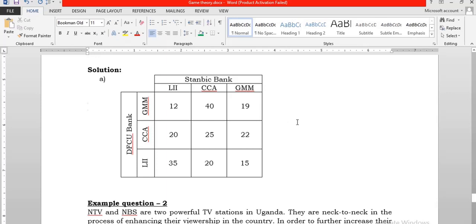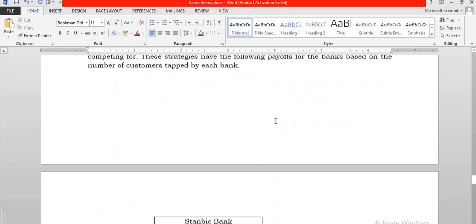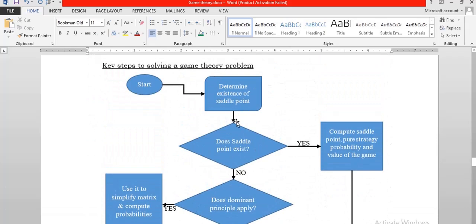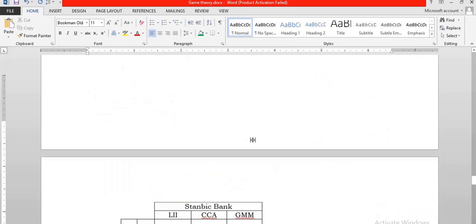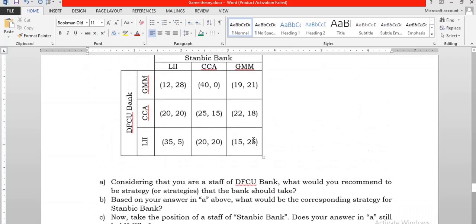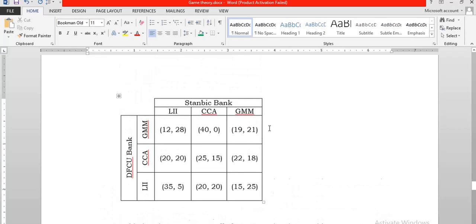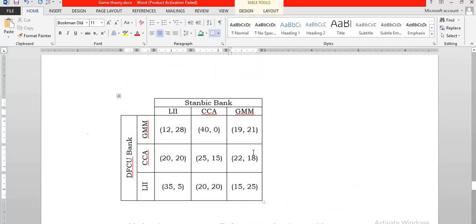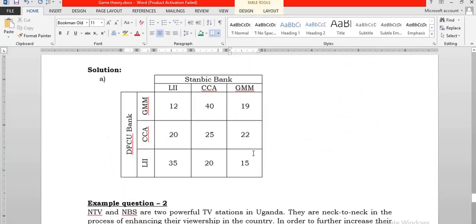There we go. So now I'm interested in DFCU winning, and before I proceed, I told you the procedure is first and foremost determine the existence of saddle point, and we shall do that by using what we call the minimax principle. So we're going to determine first and foremost the row minimums.